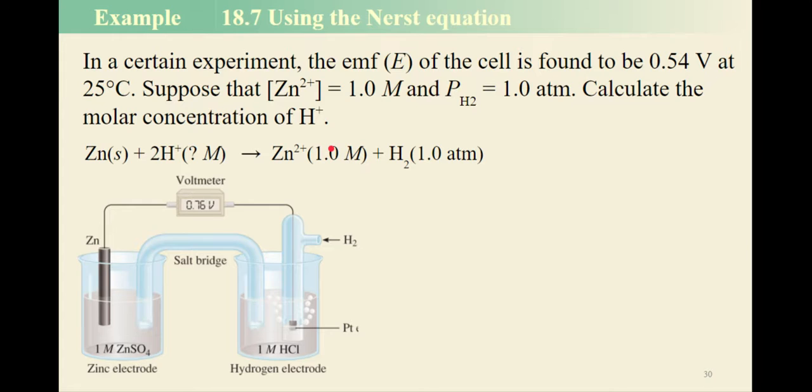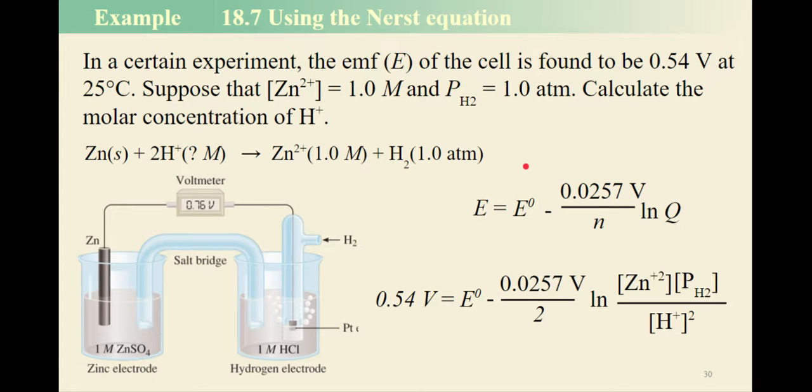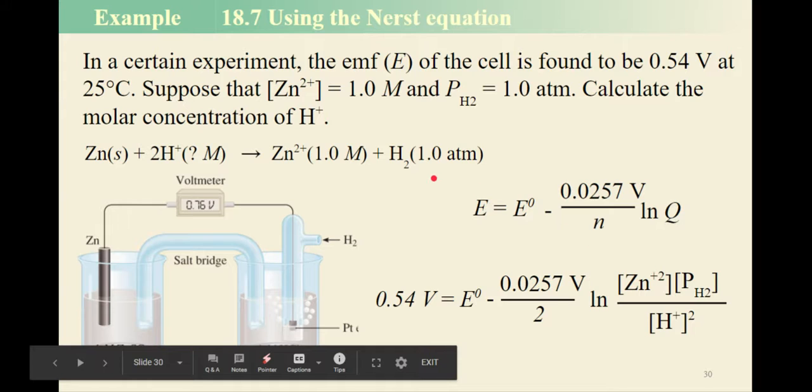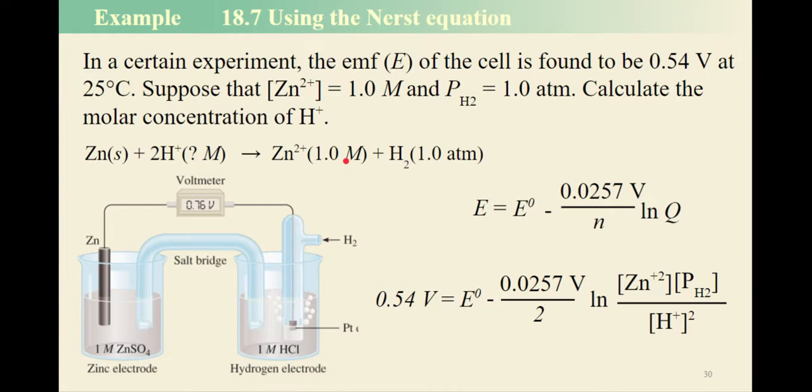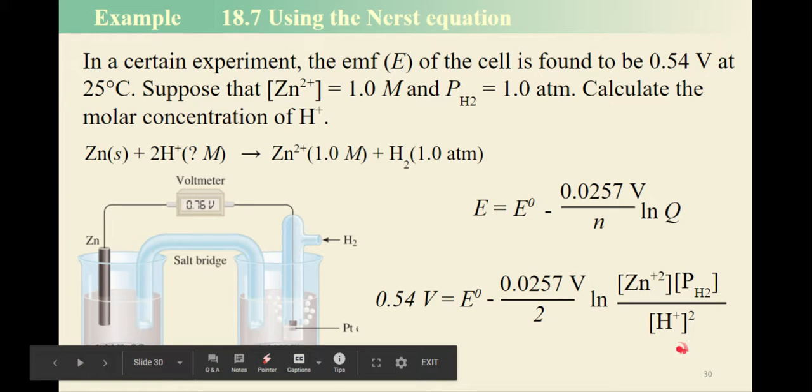So again, if we're starting with this, if we want to figure out Q, it is going to be the zinc concentration, which is 1 molar, times the hydrogen pressure, which is 1 atmosphere, divided by the H plus, and that's what we're looking for.